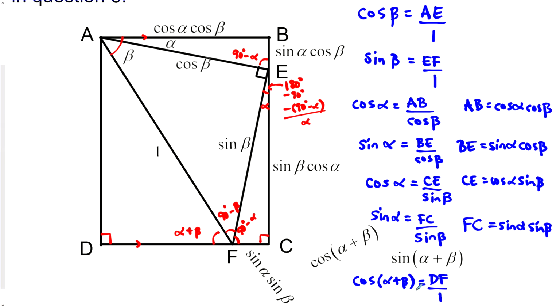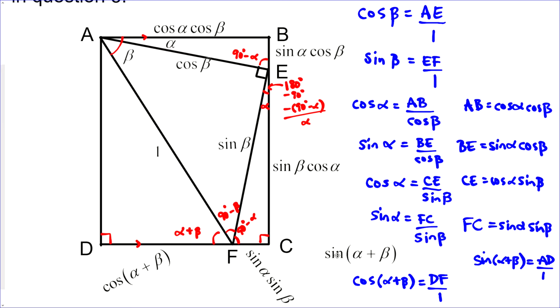So cos of alpha plus beta is this side here. Last is side AD, and that one would be a sine. It would be opposite of this angle, so sine of alpha plus beta is equal to side AD, the opposite over the hypotenuse, which is 1. And there we got the label for that side.